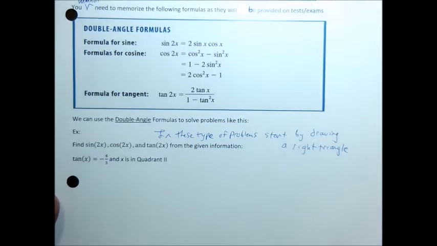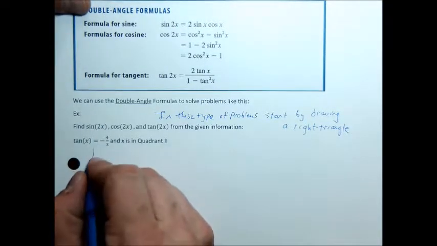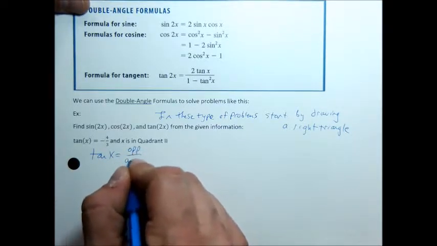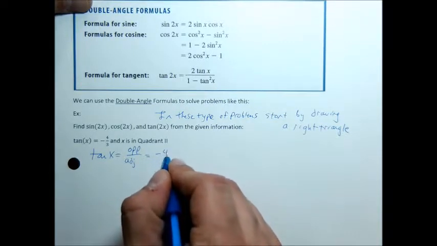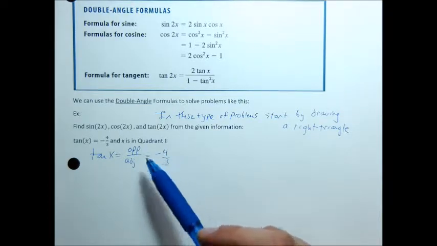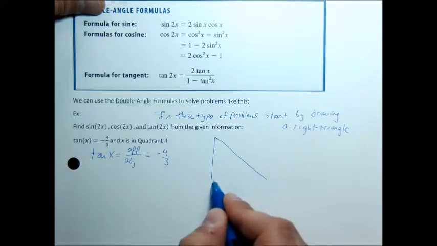And so, when you're being told something about tangent, we're being told something about opposite over adjacent, because we know that tangent of x is opposite over adjacent. And if we're being told that that's minus 4/3, this tells you something about the opposite side and the adjacent side. So we can draw a right triangle and label 2 of the sides.